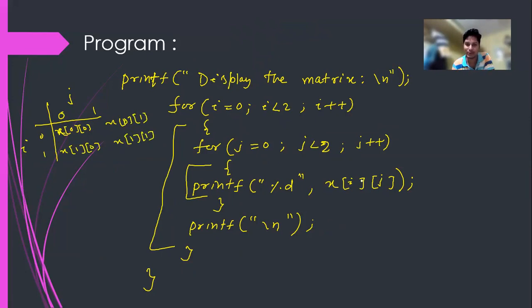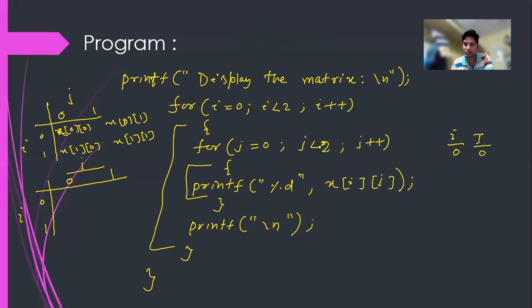So if you execute the program, first the value of i equal to 0, i less than 2. Already I have entered 4 values. For i equal to 0, the j value will be executed twice. It means j equal to 0.